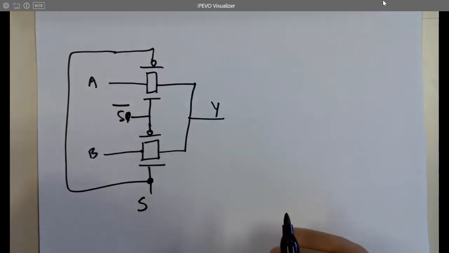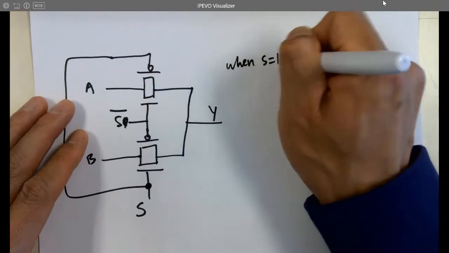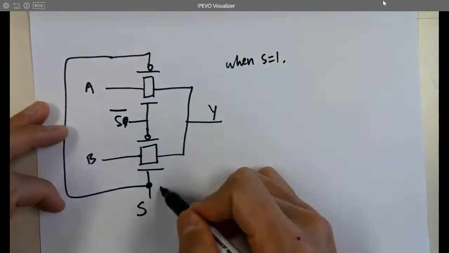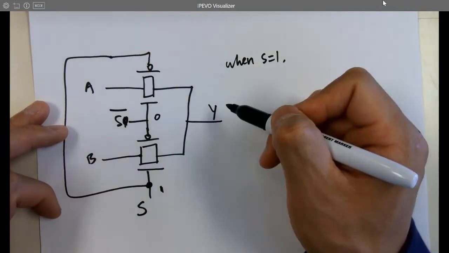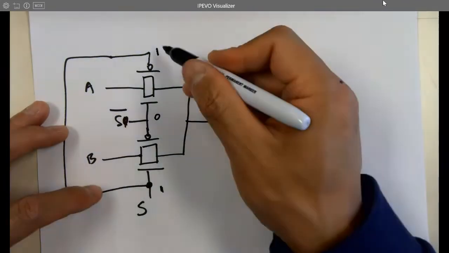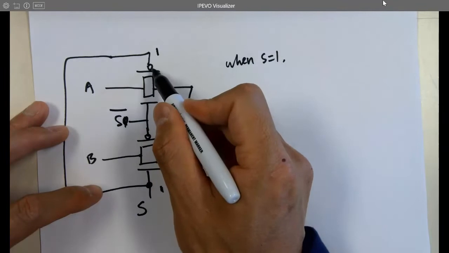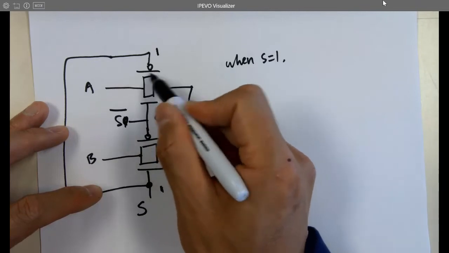So how does this work? When S is 1, this is 0, and this is 1 because this is shorted to S. If your PMOS has a 1, it's off.